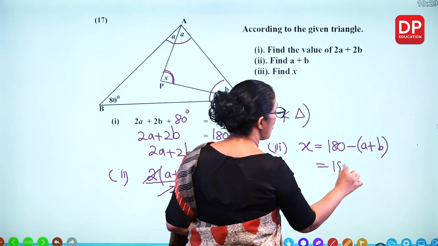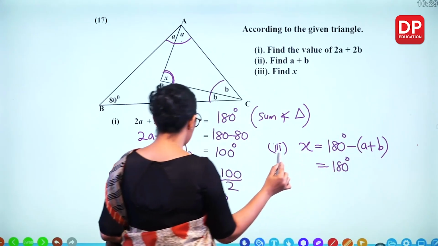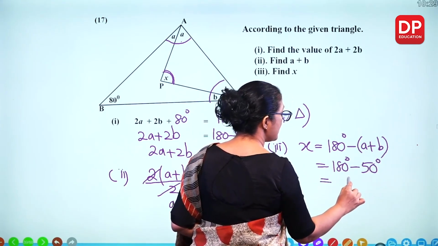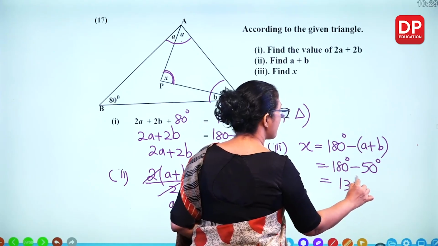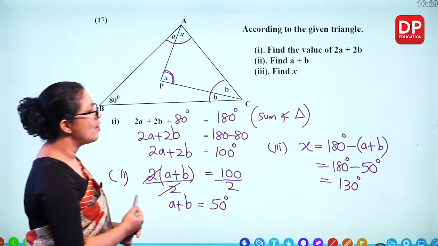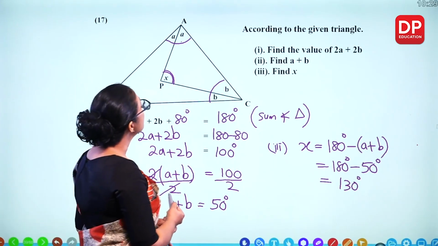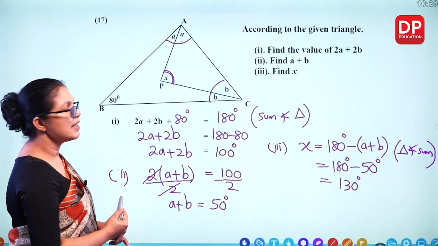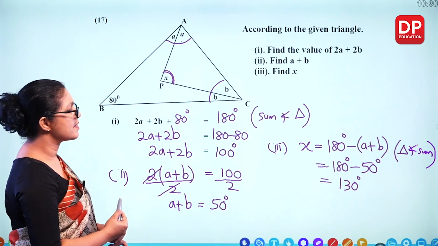So we found out A plus B is 50 degrees. So subtract 50 from 180. You get 130 degrees for x. The reason for this is the sum of angles in a triangle. So we found x is 130 degrees.